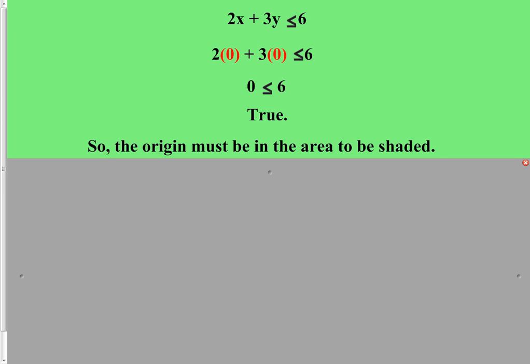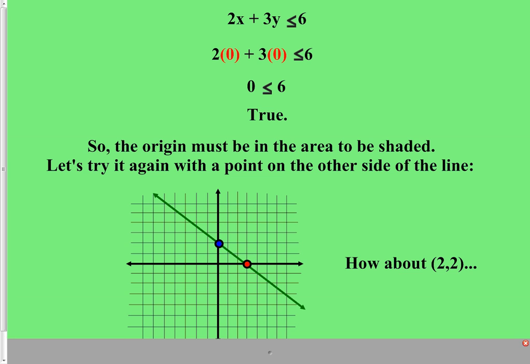I usually make it a habit to go ahead and select an additional point just to make sure I have not done anything foolish in my math when I plugged in the origin. So I'm going to go to the other side of the line, and this time I'm going to select 2, 2. You can pick any point you want above and to the right of the line, but typically if you can keep your values positive, that usually works out a little better for us, and also keep them small, that works out a little better for us as well.